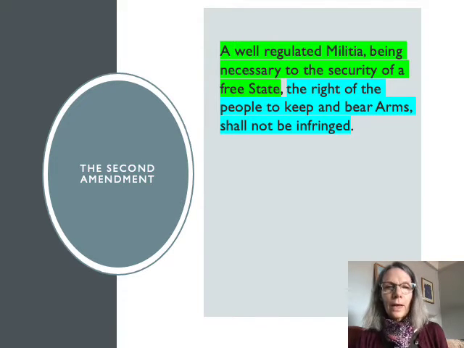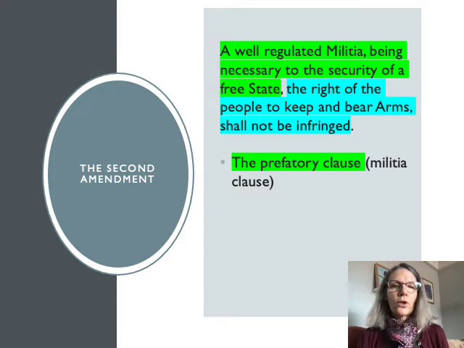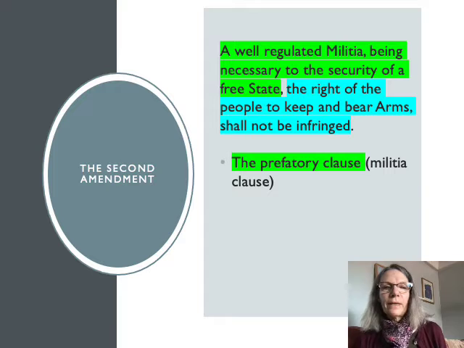A well-regulated militia being necessary to the security of a free state, the right of the people to keep and bear arms shall not be infringed. And so there's two clauses here. One is known as the prefatory clause.